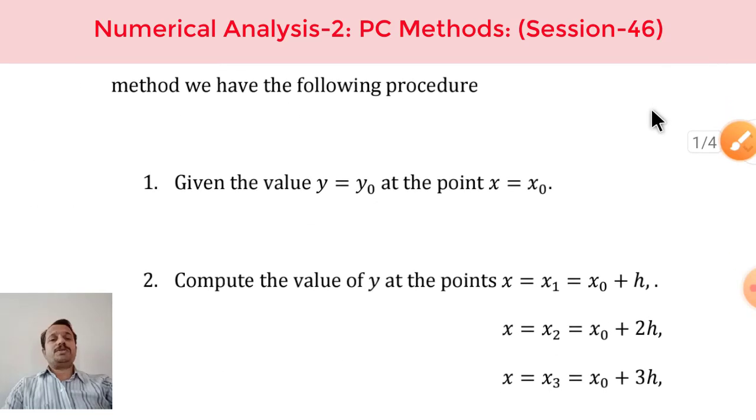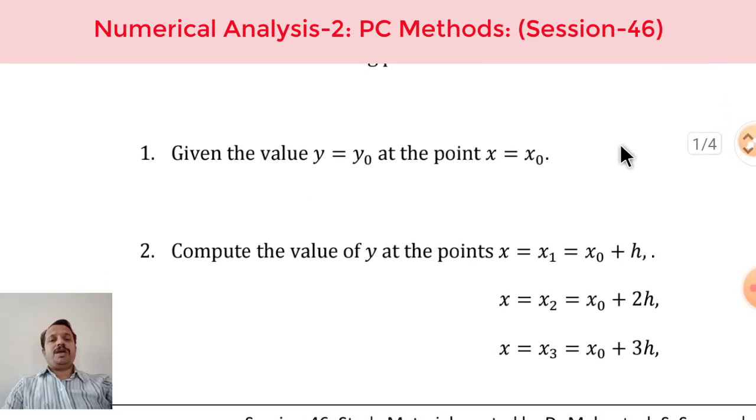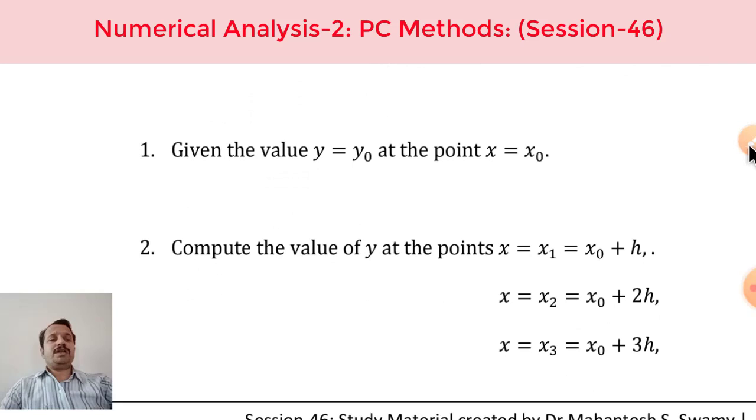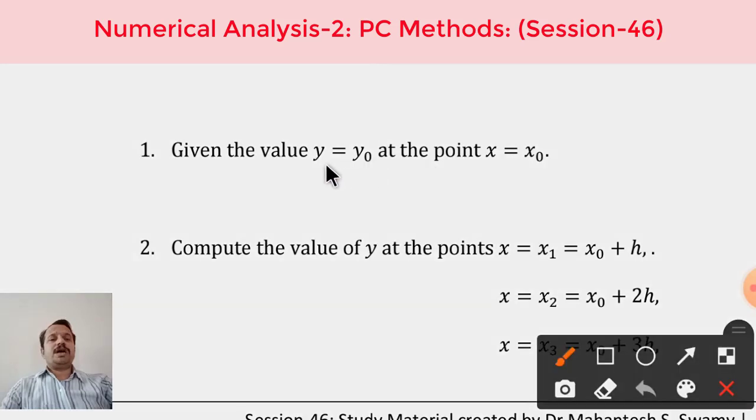For that purpose, it is given to us that at the point x is equal to x0, y equal to y0. This is the initial condition given. Here we have x4. At the point x4, we intend to find the value of y.